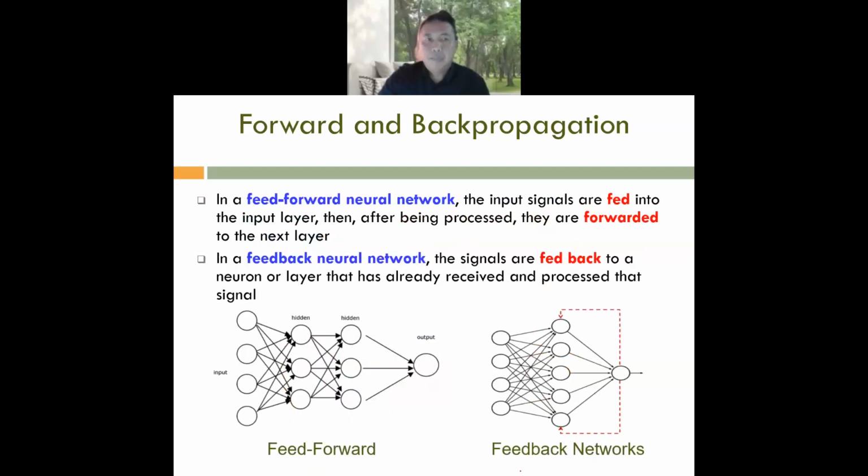So this is what I mentioned just now. Feed forward means you go forward only, and this is sometimes what we call back propagation. You send the feedback to the internal neuron so that they can adjust the weight that they had before. So the back propagation normally performs better compared to the feed forward neural network.